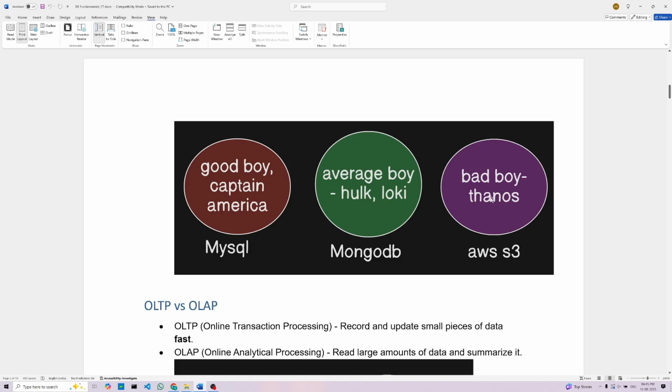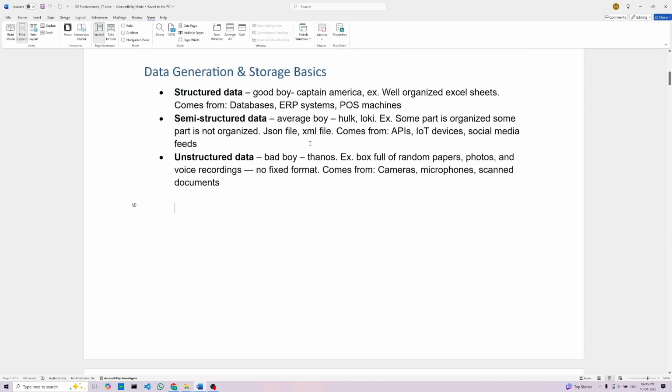In unstructured data we'll mostly store audio and video. As you can see, I have given examples of where this data is coming from. ERP systems are structured, JSON files and XML files are semi-structured, and camera, microphone and scanned documents come under unstructured.